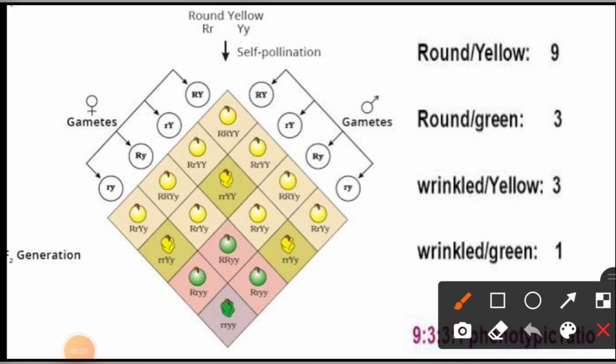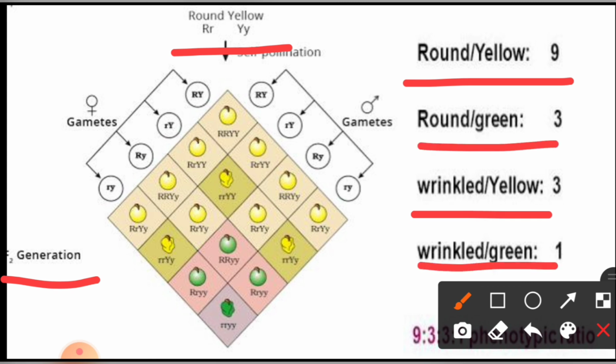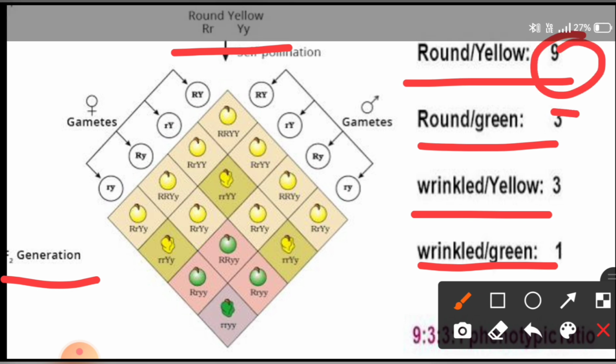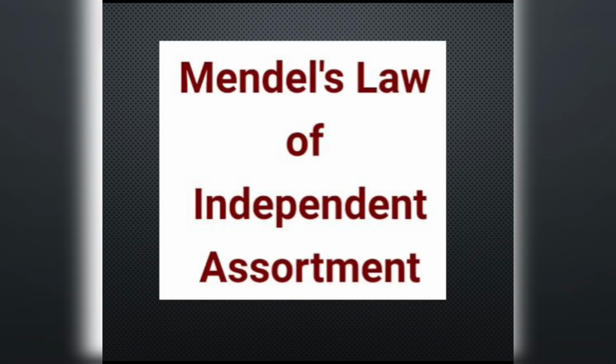When F1 plants were self-pollinated, they produced four kinds of plants in the F2 generation: yellow round, yellow wrinkled, green round, and green wrinkled. They are in the ratio of 9:3:3:1. And it is known as Mendel's law of independent assortment, which is based on the F2 generation of the dihybrid cross.